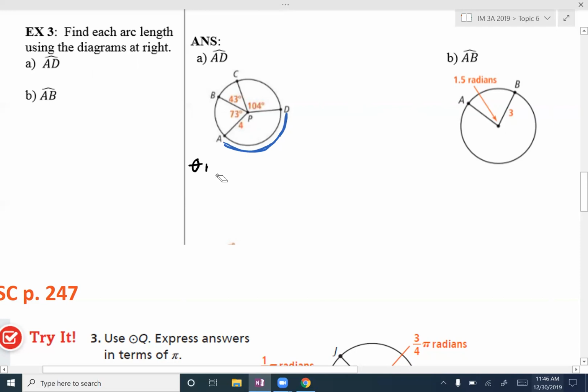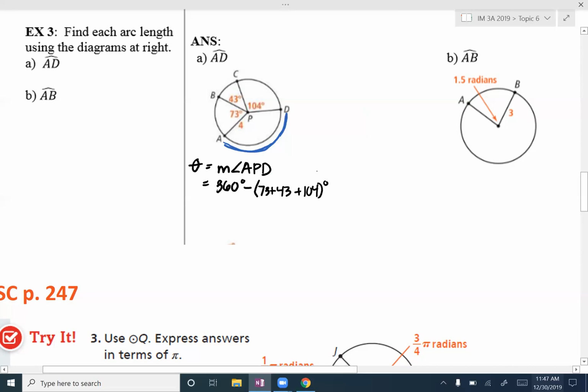So theta is going to equal the measure of angle APD. Since we know all the other angles in the circle, we can find the measure of angle APD by subtracting all of those from 360. Since an entire circle is 360 degrees, we're going to subtract 73 plus 43 plus 104 degrees in order to identify the measure of angle APD.